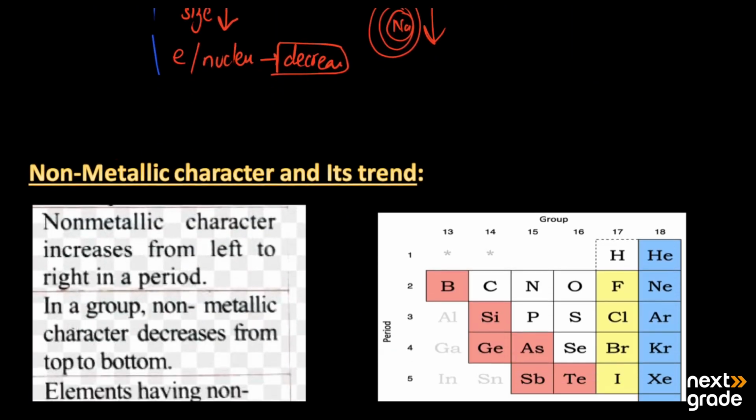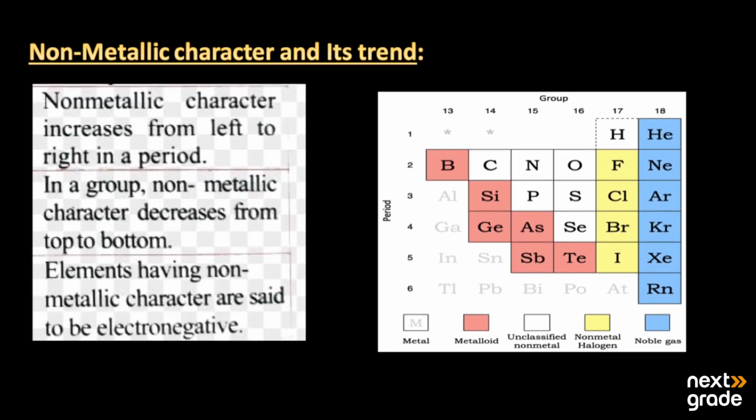Next, we have the non-metallic character. Let's look at the trend of the non-metallic character. It increases from left to right in a period, because moving left to right, you can see that the non-metals increase. In this table, the light ones are the metals, these are the metalloids, and the white ones are the unclassified non-metals.